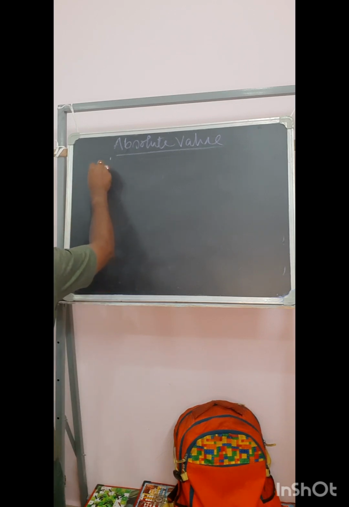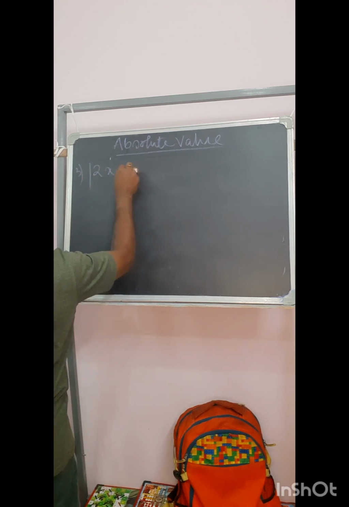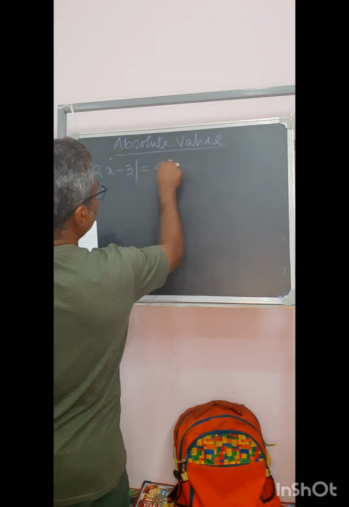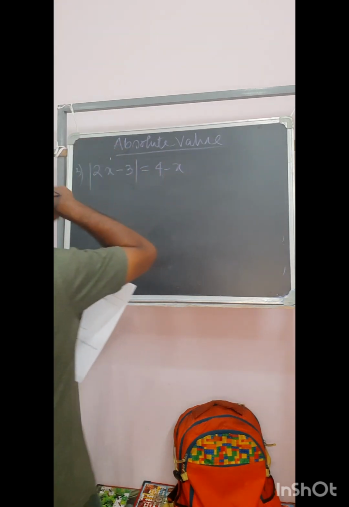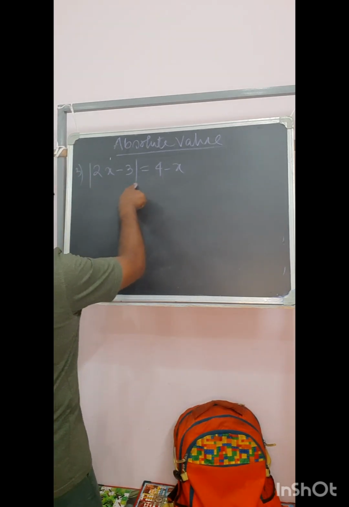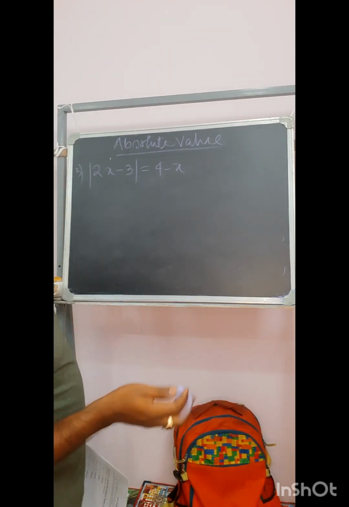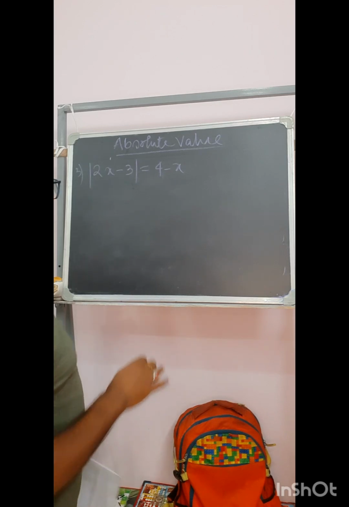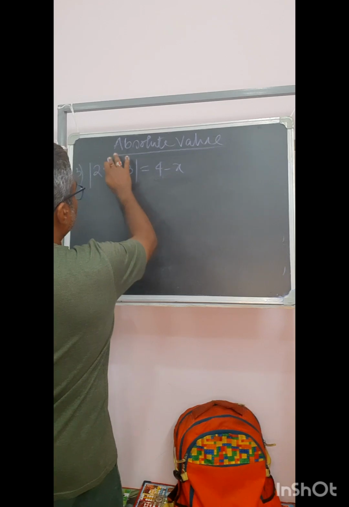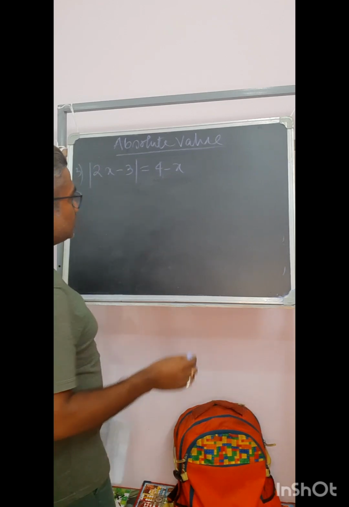Now one more. It says mod of 2x minus 3 is equal to 4 minus x. Only for the case where these signs are coming will we consider less than or more than, so only the mod values we will consider.